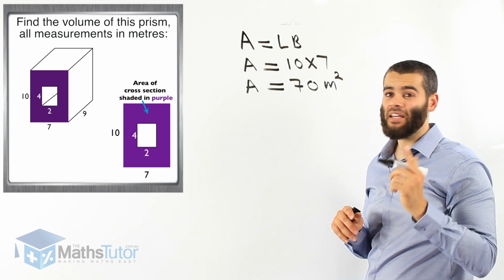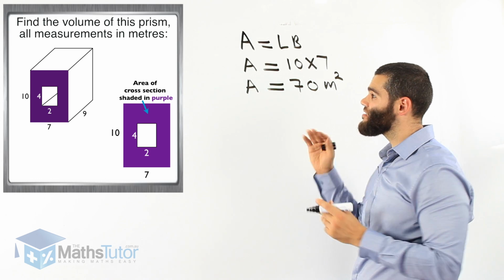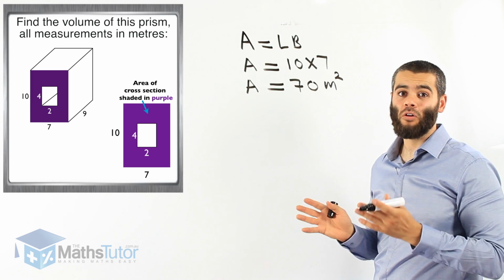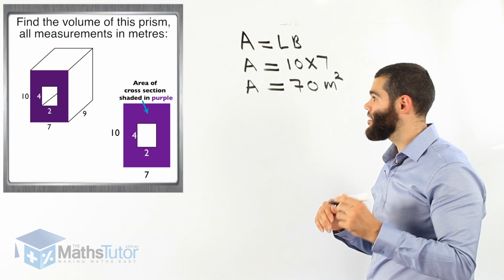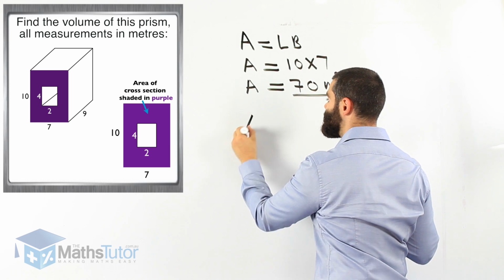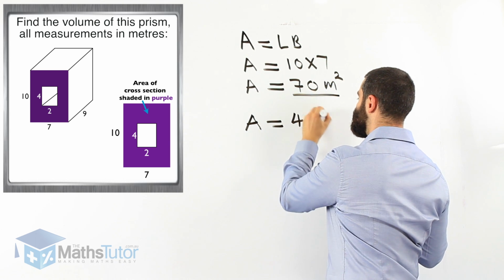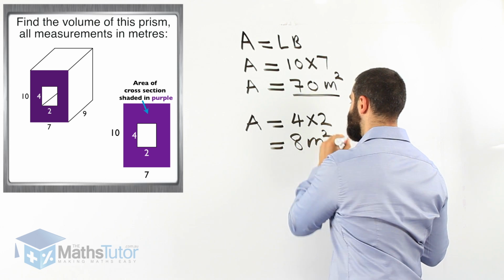However, again, we say we have a hole in it. So in reality, 70 is the total, but guess what? There is a hole. We need to take away that hole. That hole is in the shape of a rectangle. So again, we have to work out the area of the other rectangle, the small one, which is 4 times 2, 8 square meters.